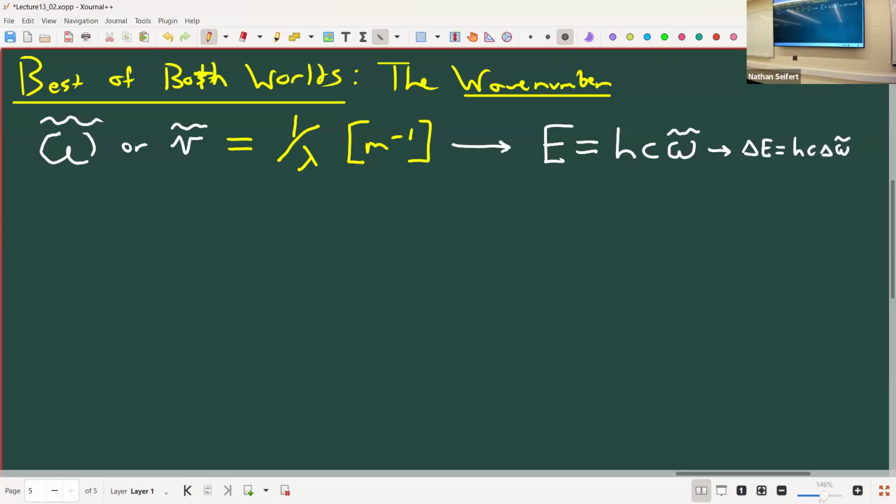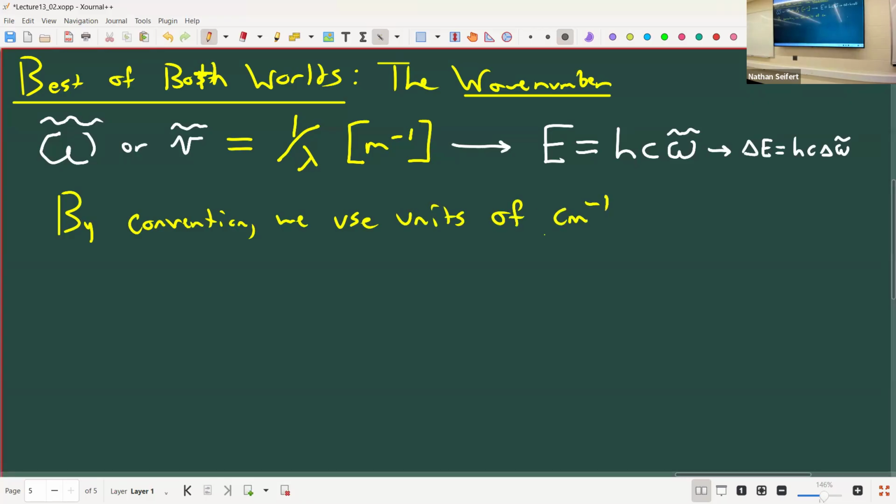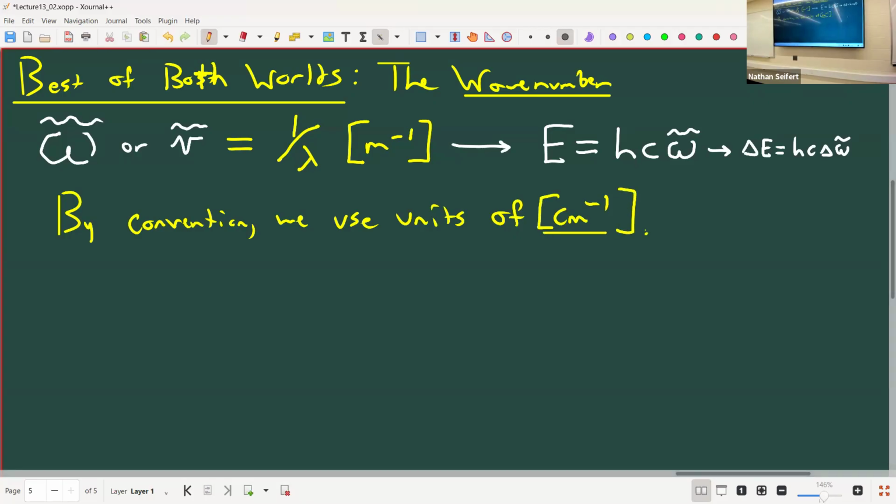By convenience or by convention, we use units of inverse centimeters, not inverse meters. Now that's kind of annoying because when we're doing calculations, h and c are in meters.